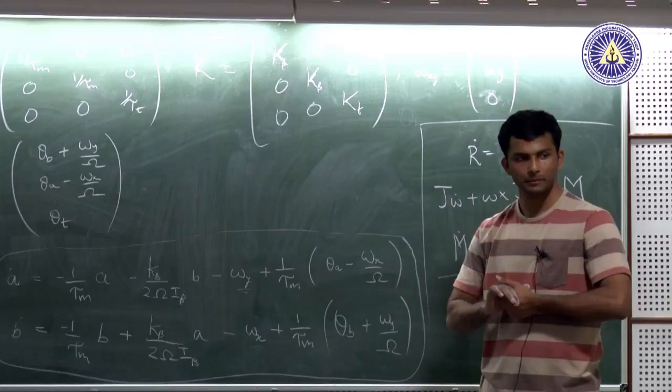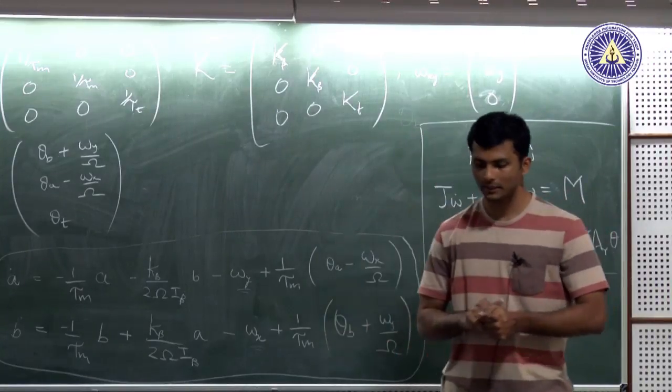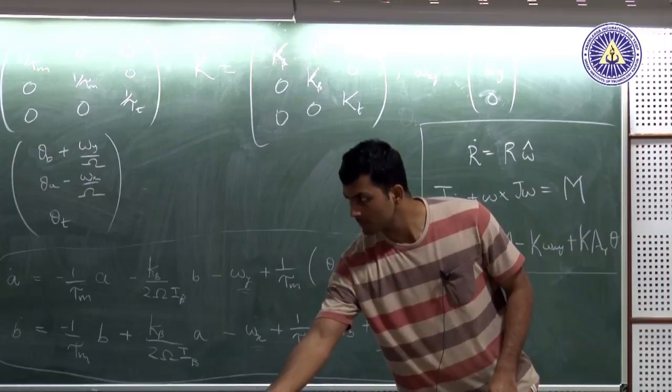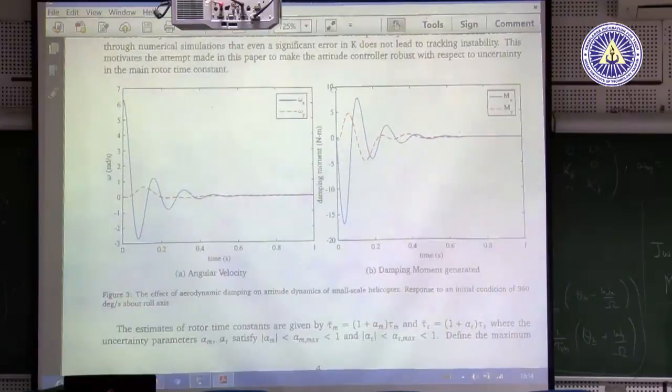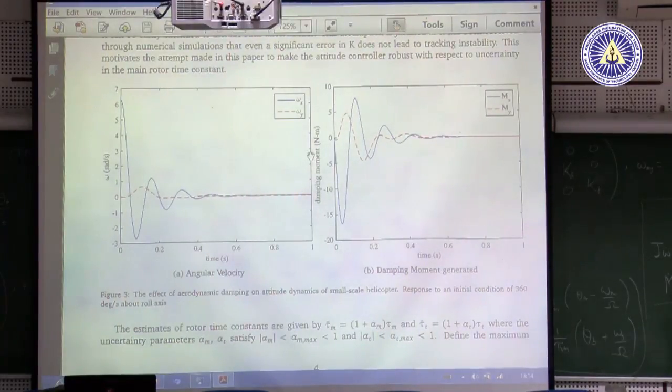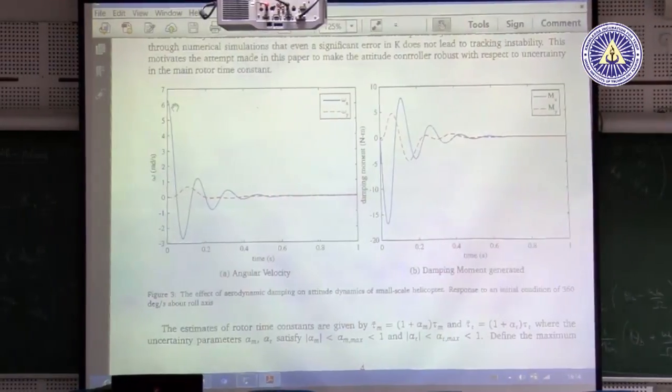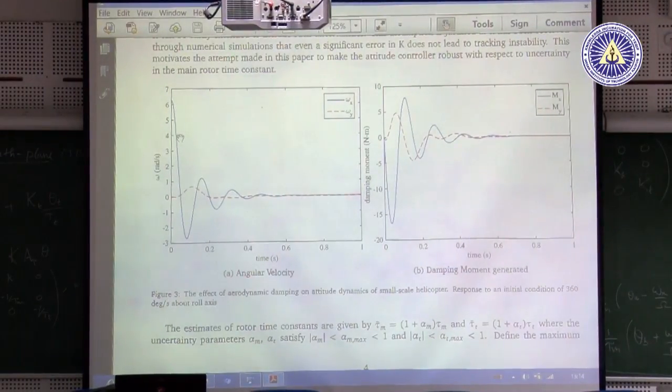So maybe I can show you the plot of the angular velocity decaying with time. You can see the angular velocity. This is omega x and omega y, and I have started at 2 pi radians per second, and then it decayed to 0 in less than a second, I would say in 0.4 seconds or so.